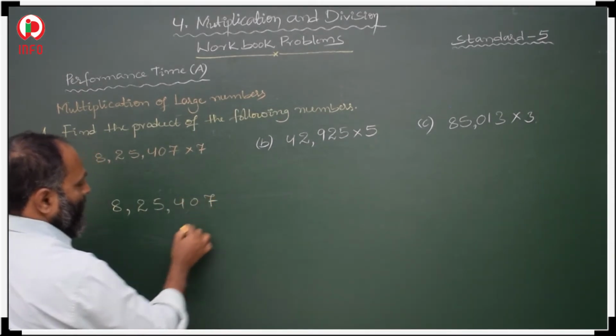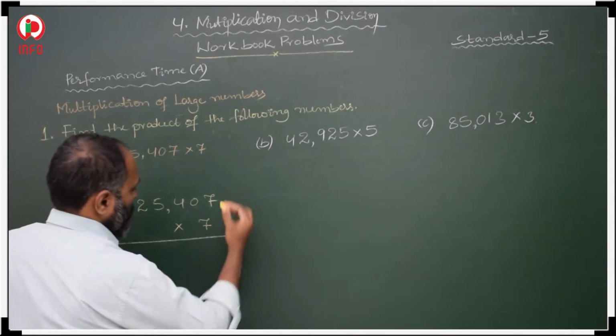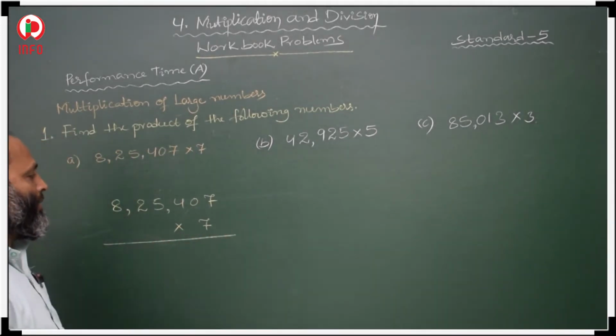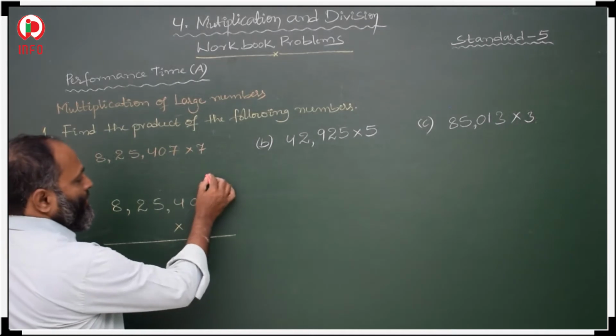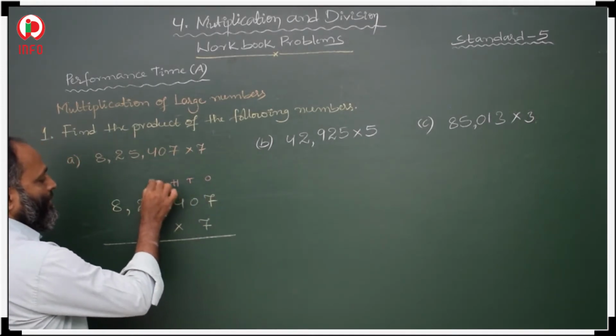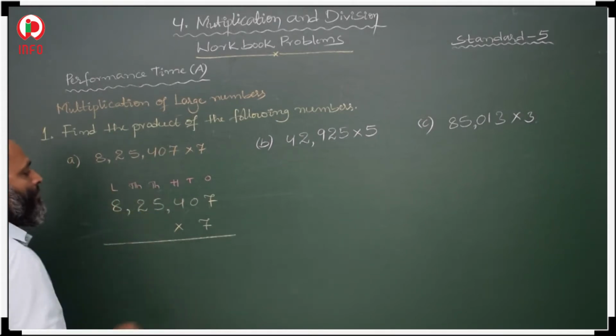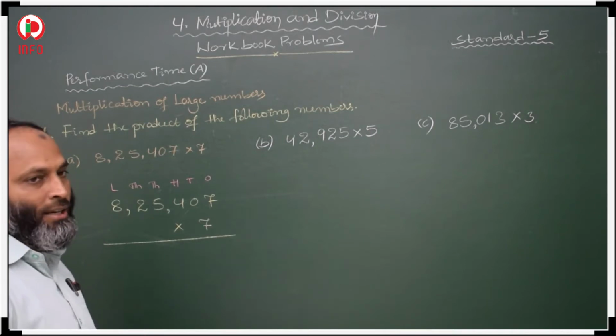8,25,407 multiplied by 7. How to multiply? Here we have ones, tens, hundreds, thousands, 10,000s and lakh. These are our place values.